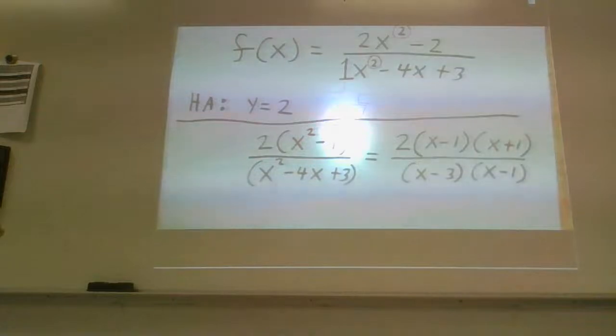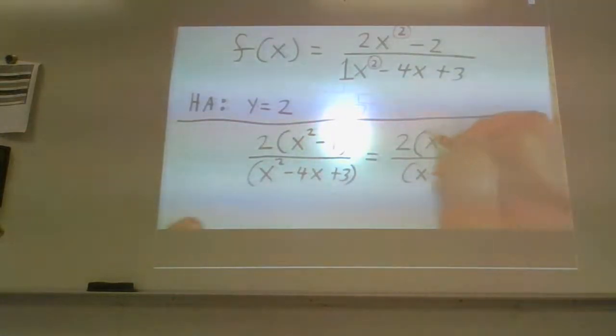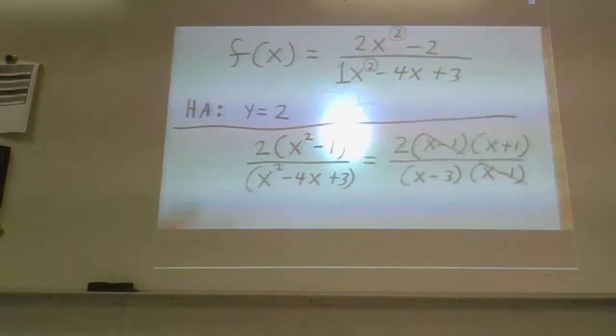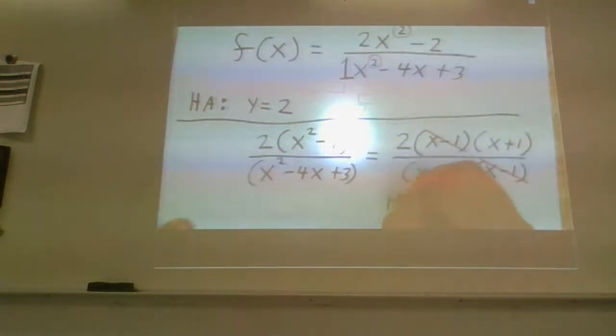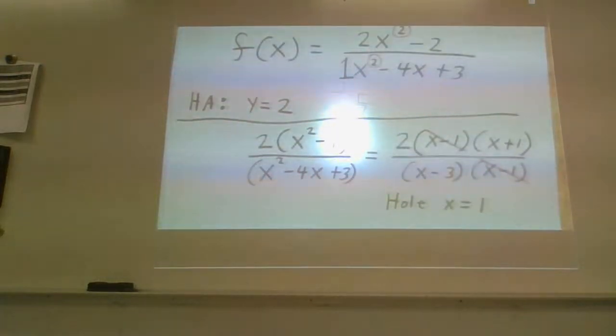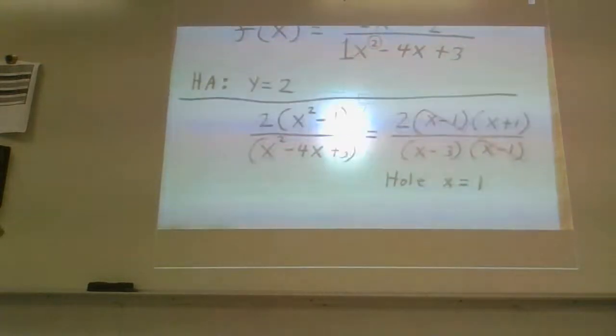And when that happens, hopefully you can visibly see right here, 2 terms end up canceling each other out, which indicates that there is indeed a hole at x equals positive 1.